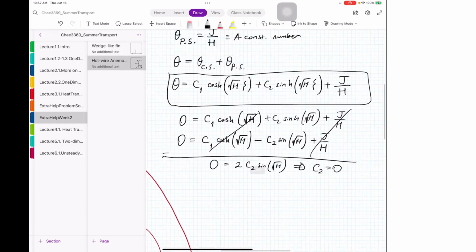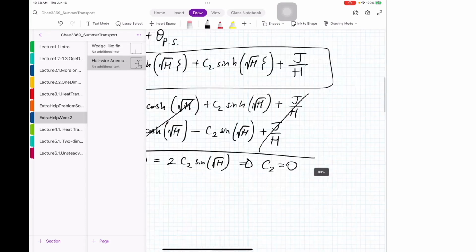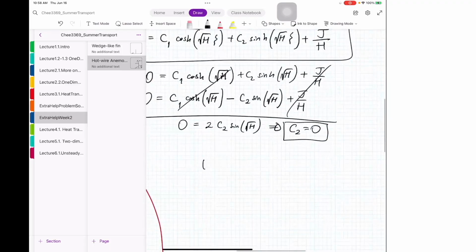Or you can, as I said, use the argument that the function must be symmetric with respect to psi, so that it must be like a cosine hyperbolic type function, so C2 must be 0. So that's another way of finding it. But you can use the boundary conditions directly. So your function theta becomes equal to C1 cosine hyperbolic square root of h psi plus j over h.